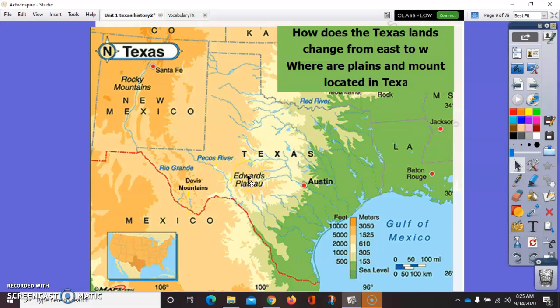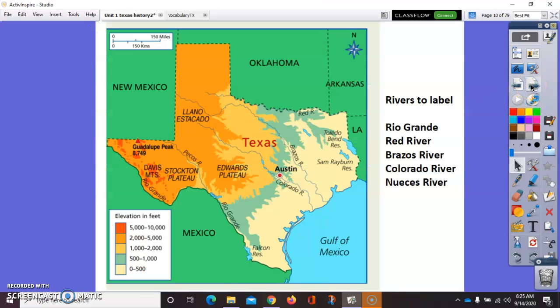A plateau, remember, is an area of flat land at a high elevation. It's like a mountain that's had the top cut off. Okay, so again, Texas, low elevation here in the east, but as you move to the west, it gets higher and higher till you get to the highest elevations over here in West Texas.